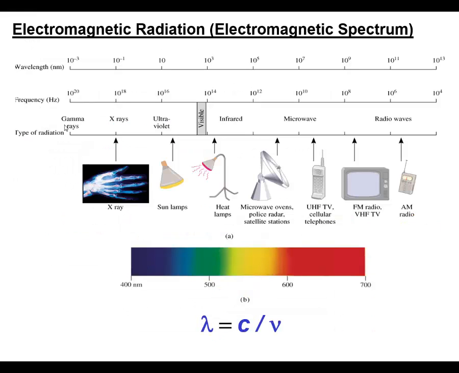Now, as I said before, you should have watched the video on the regions of the electromagnetic spectrum, so I'm not going to spend much time on this slide discussing that, but I do want to relate energy to the different frequencies and wavelengths. I want you to notice that as wavelength becomes smaller, we have higher energy. Here's wavelength in nanometers.